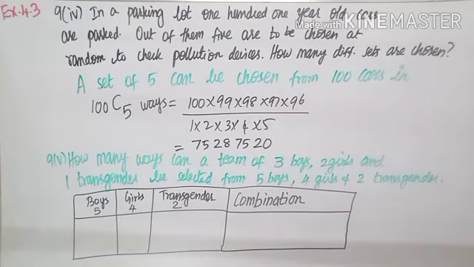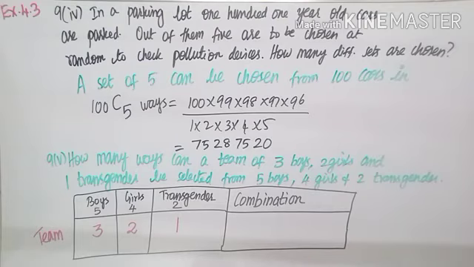Subsection 5. How many ways can a team of 3 boys, 2 girls and 1 transgender be selected from 5 boys, 4 girls and 2 transgender? Given 5 boys, 4 girls and 2 transgender. How many do we need to form the team? I want 3 boys, 2 girls and 1 transgender.